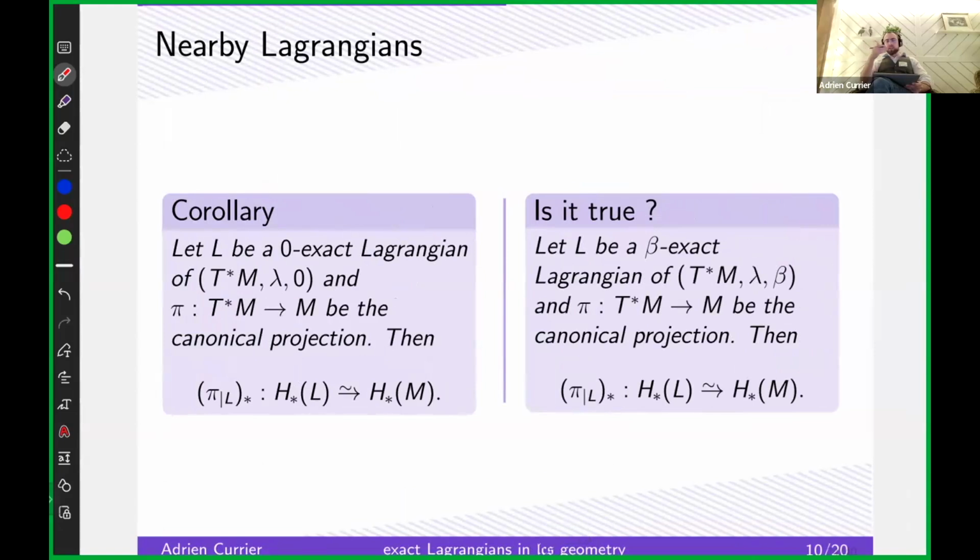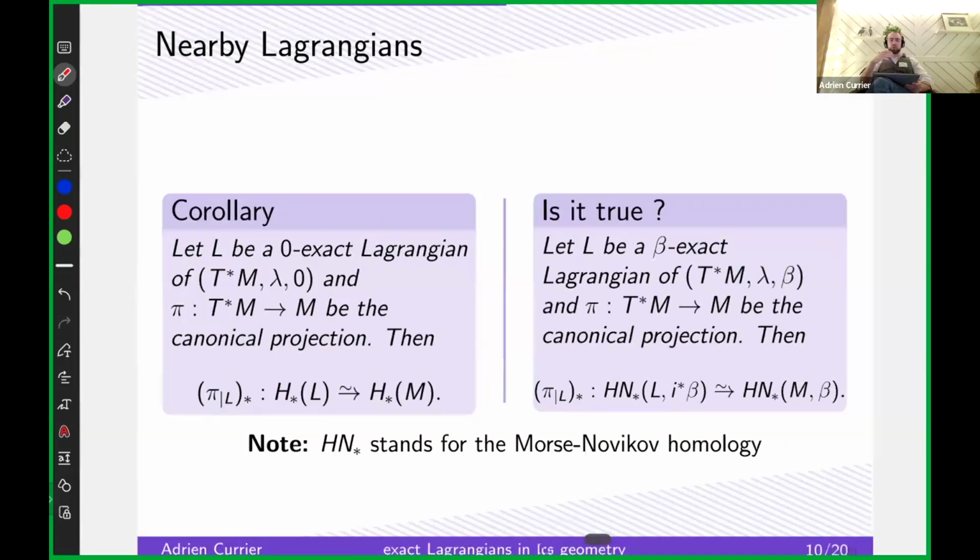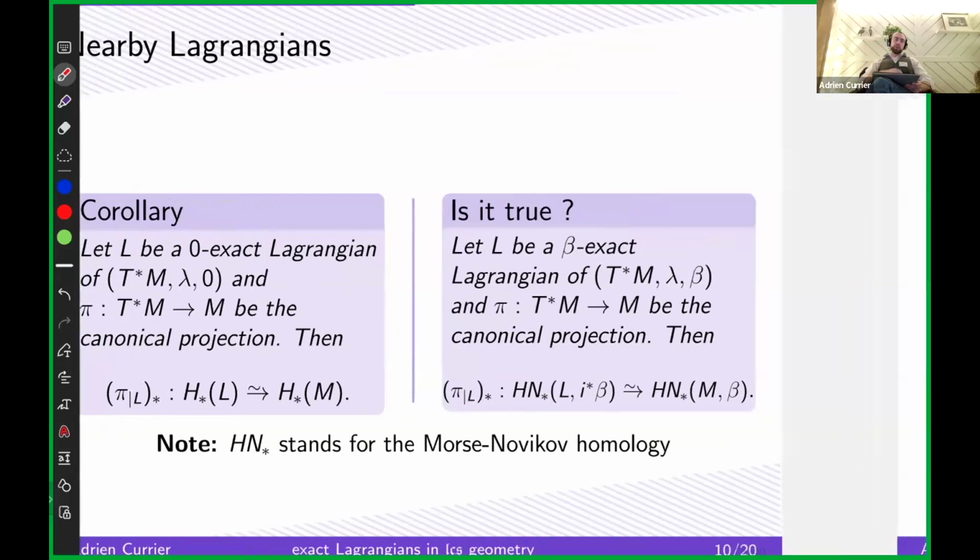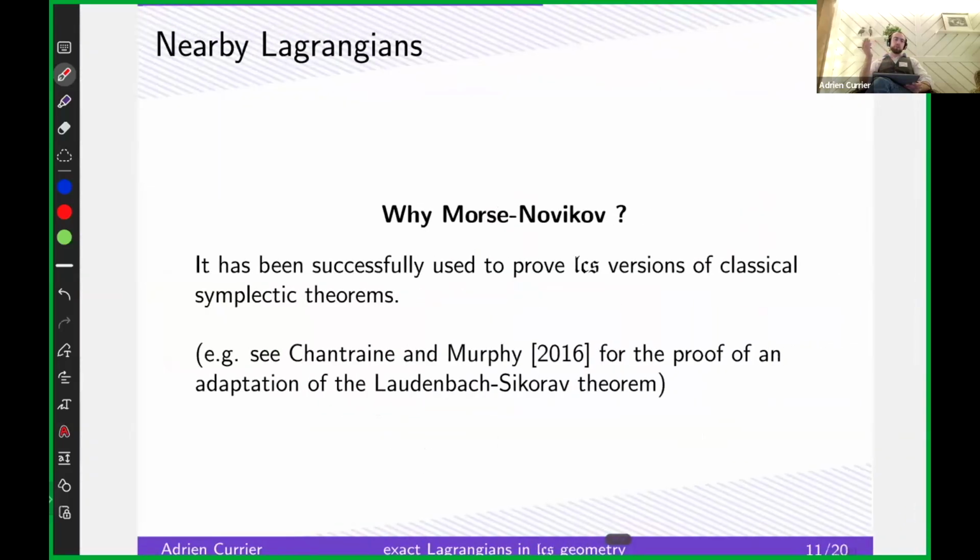There's also a slightly less naive translation, which would be to also swap out singular homology for Morse-Novikov homology, just because Morse-Novikov homology has already been successfully used to prove some statements of symplectic geometry in the LCS setting.